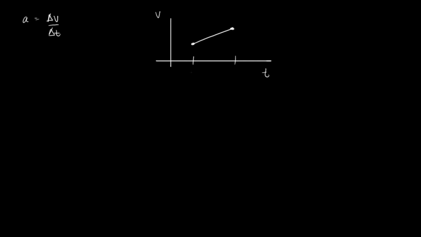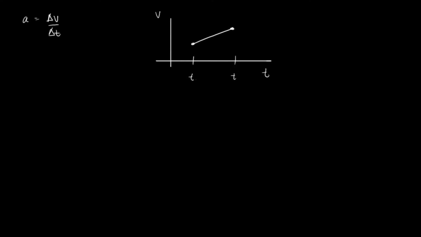Now, the reason why I chose that, you'll see a little bit later. The motivation for this can come from calculus, or if you just mess around with these equations enough, you'll find that this is probably the best way to go about deriving them. So with that said, this is your initial time and final time, T initial and T final.